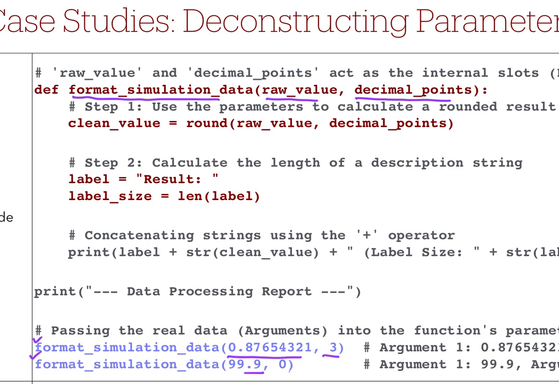So when I have this definition, format simulation data with two parameters, then whenever that function is needed, I need to provide two values, two arguments. One for the raw value, second number for the decimal points. When those two arguments are provided, inside of the function, you can manipulate those variables.